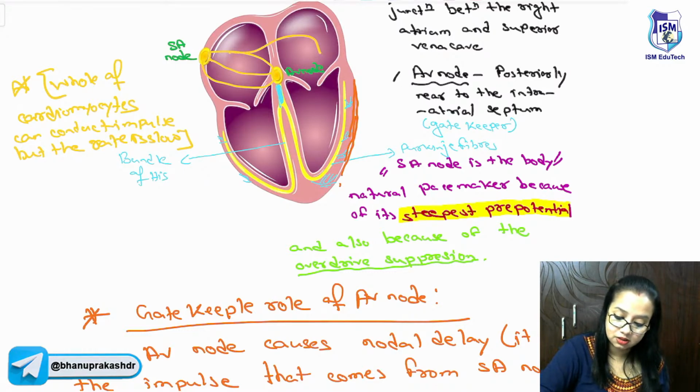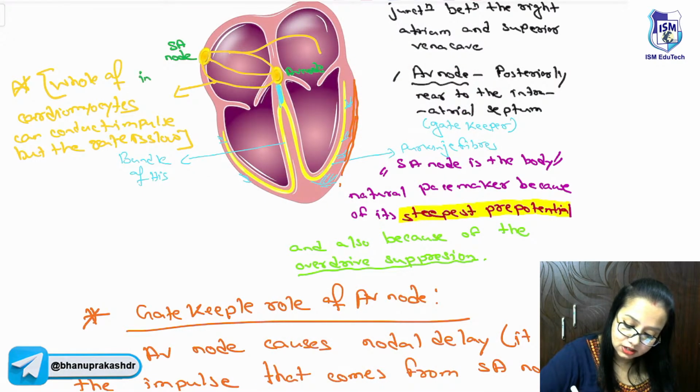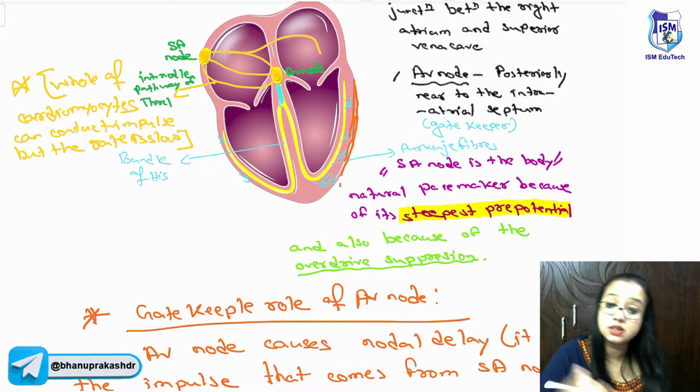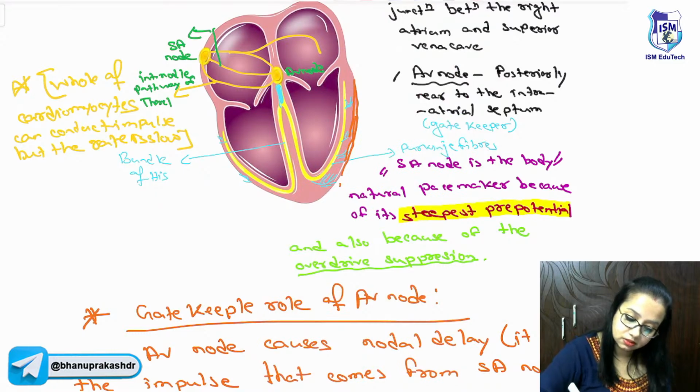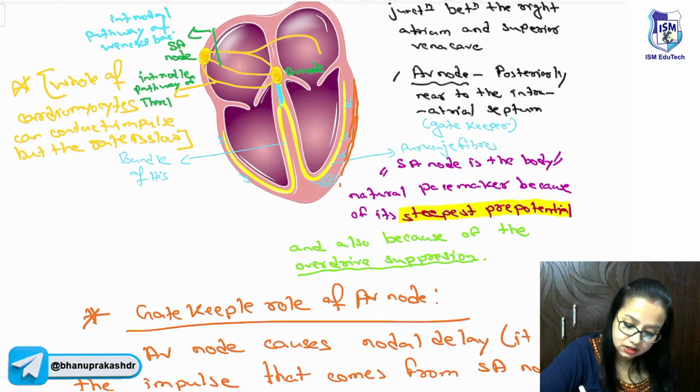Okay, internodal bundle branches. The posterior one, the posterior most, is called the internodal pathway of Thorel. The intermediate, the middle one, is called the internodal pathway of Wenckebach.